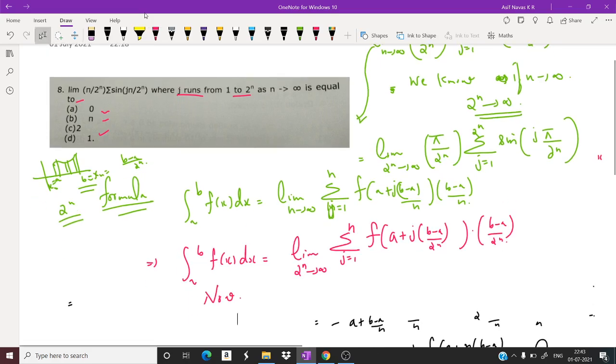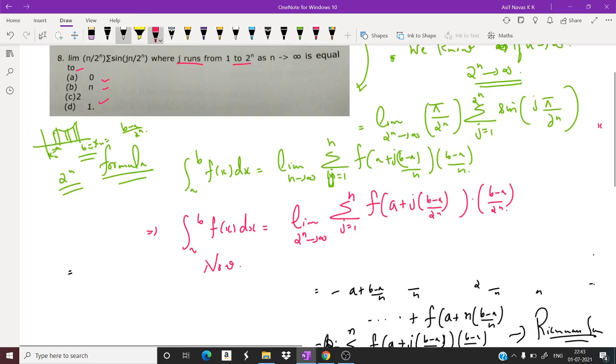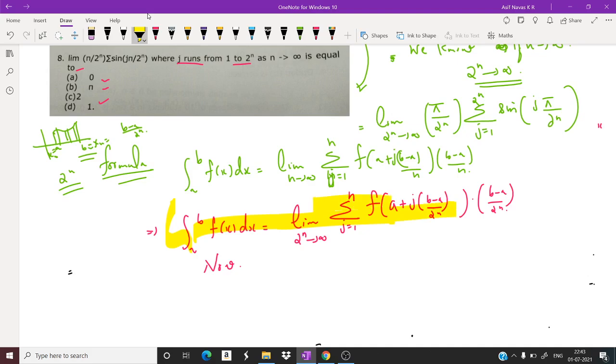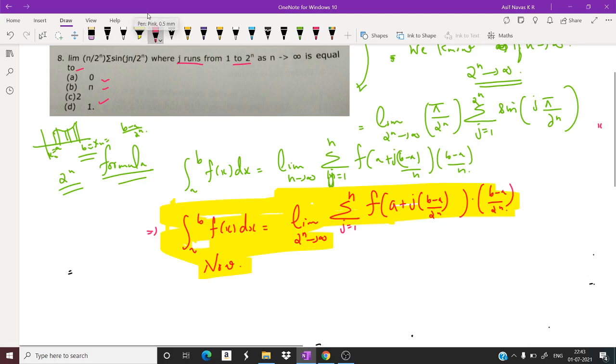Now what we will do is we will just equate in our equation. So this is our formula. So we will take limit 2 raised to n tends to infinity.